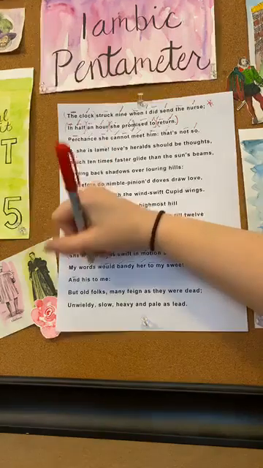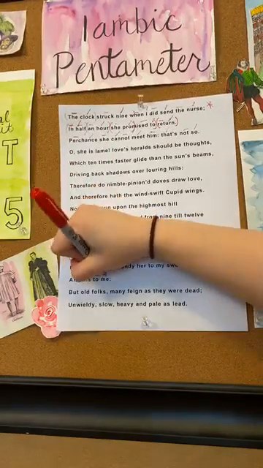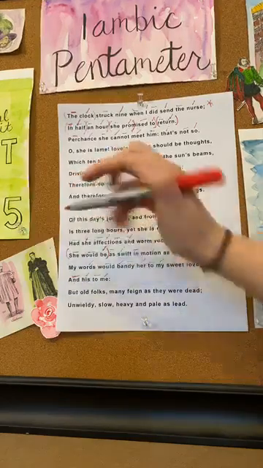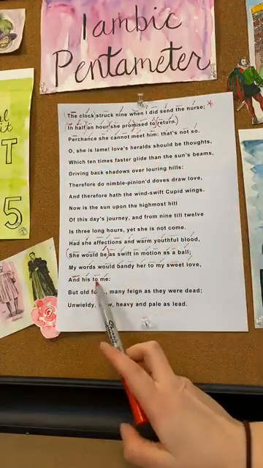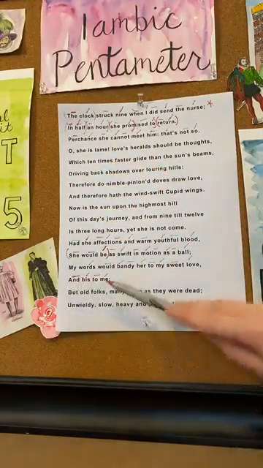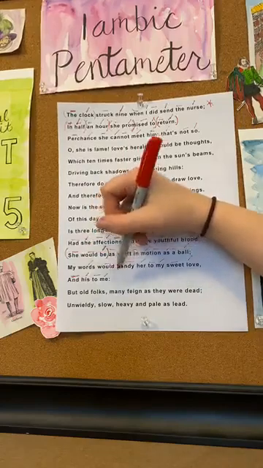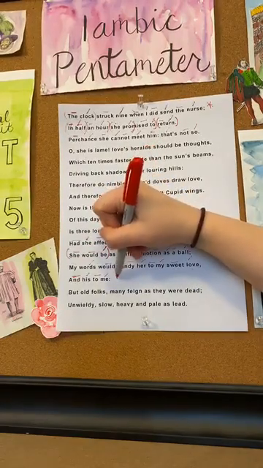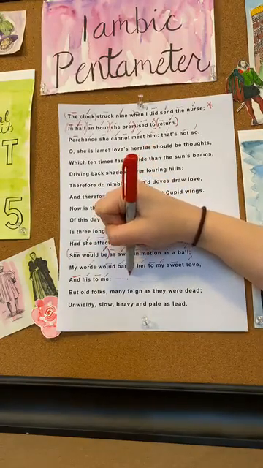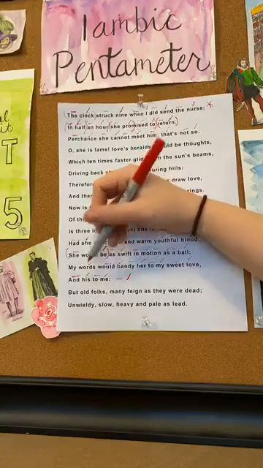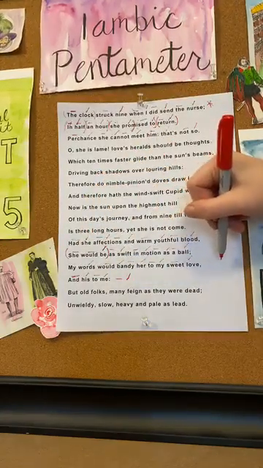And his to me. Now here's something. There aren't actually enough words to make up 5 feet in this line. So a few things could be happening here. What I tend to assume is that there are still stressed and unstressed beats here to make up the iambic pentameter.